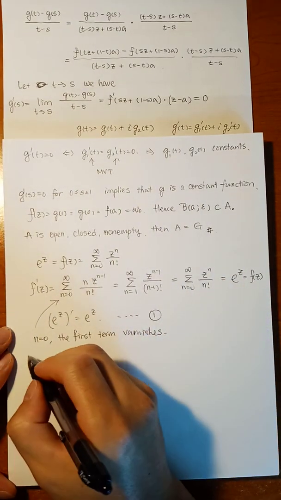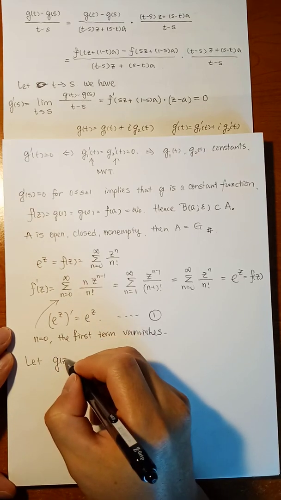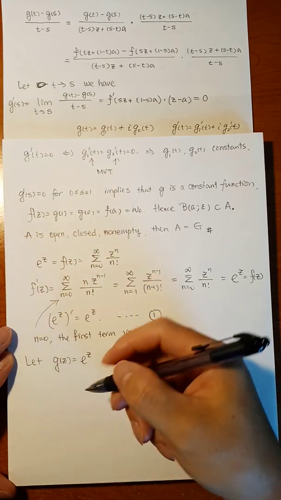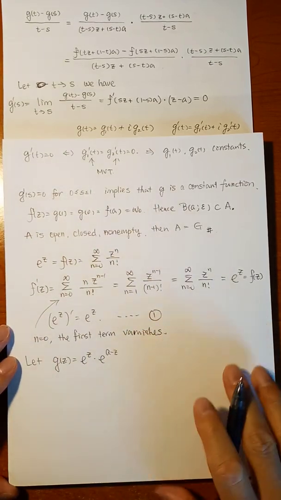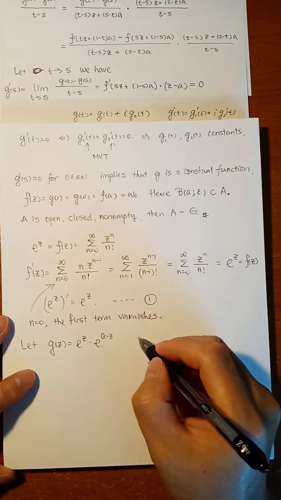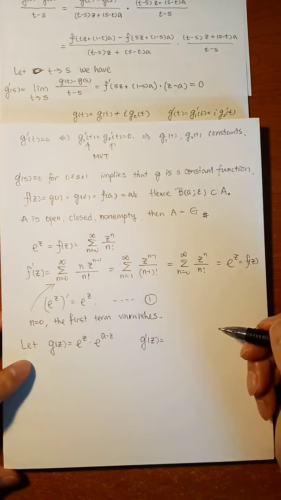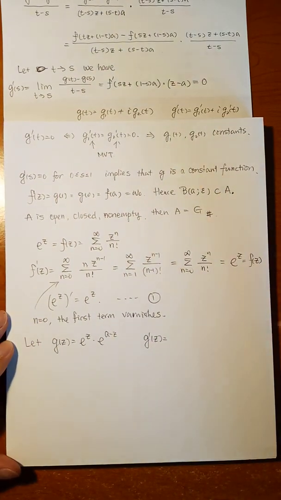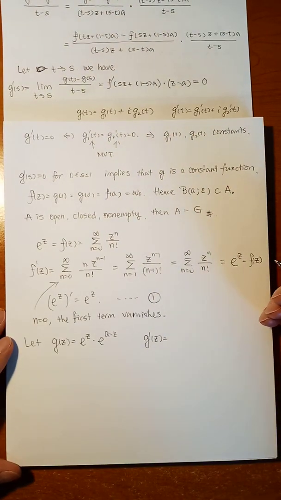And second, let g of z be e to z times e to a minus z for arbitrary complex number a. Then we can take the derivative. Remember, all the derivative formulas are the same, the sum, difference, product, quotient, because they are more or less the arithmetic.